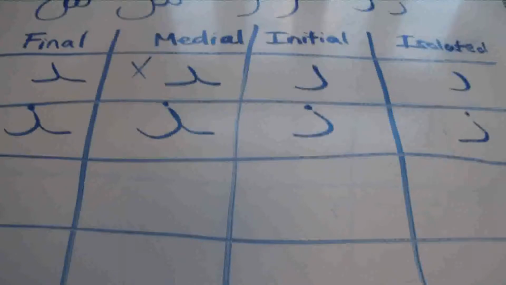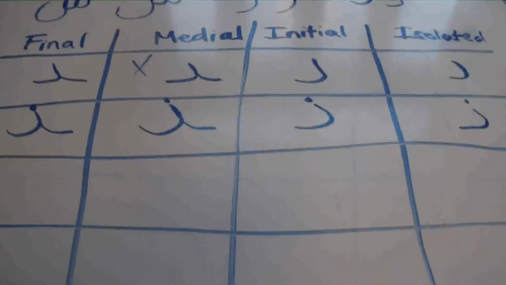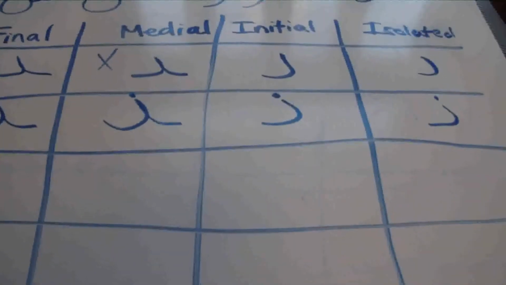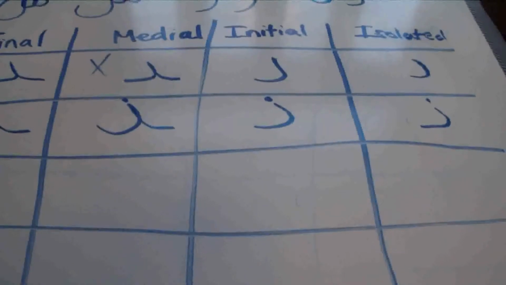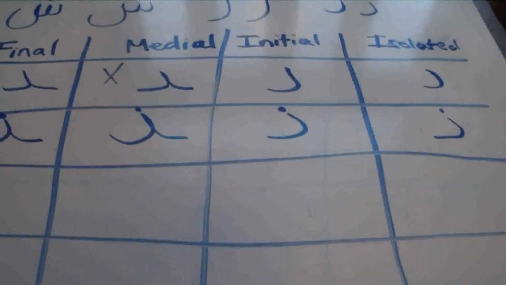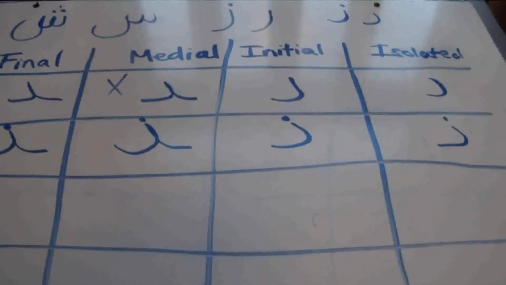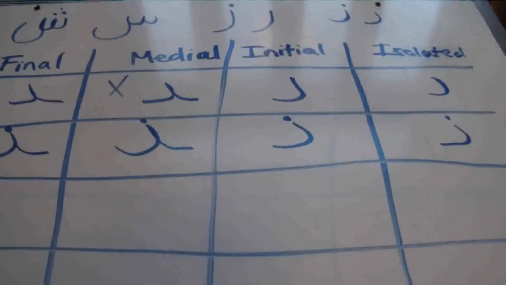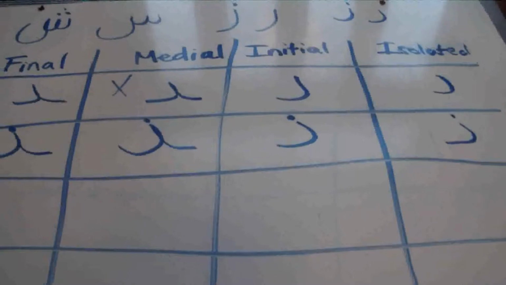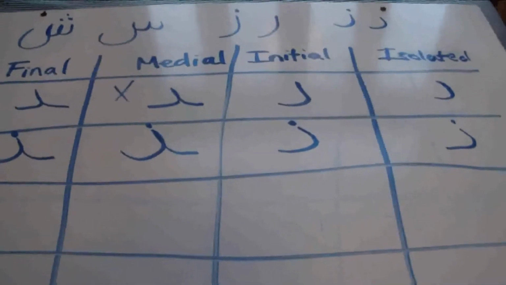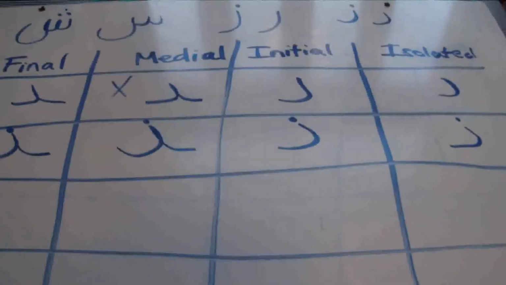And final form. Sorry that it's getting pretty close to that dividing line there. But the Dhaal makes the sound in English, as if you were pronouncing the word the as the, or even as the. It makes that TH sound.